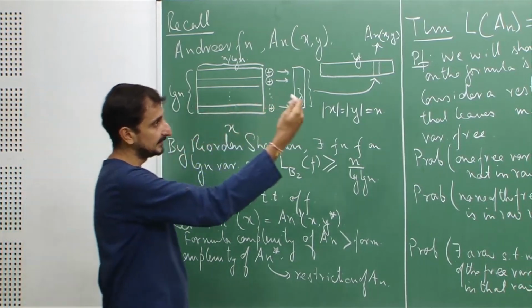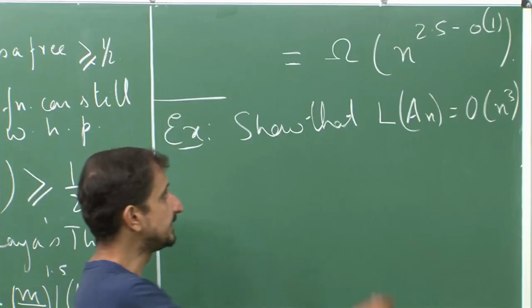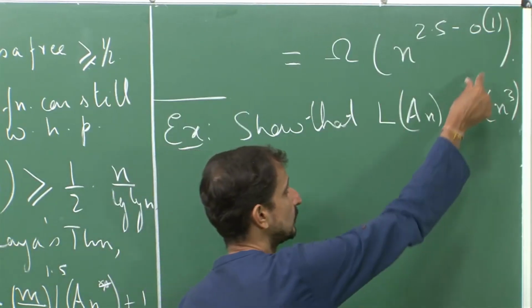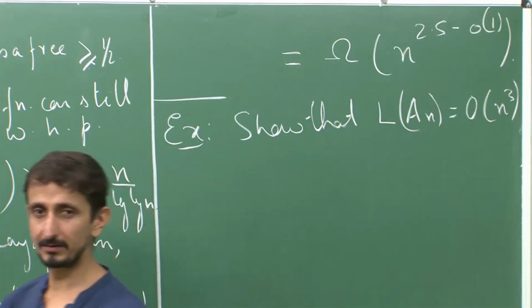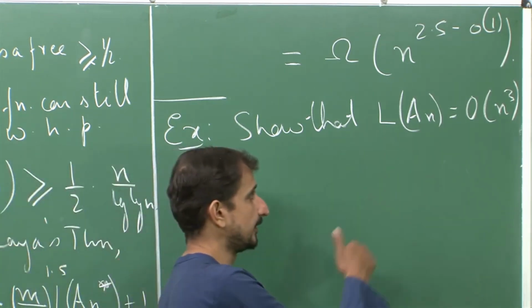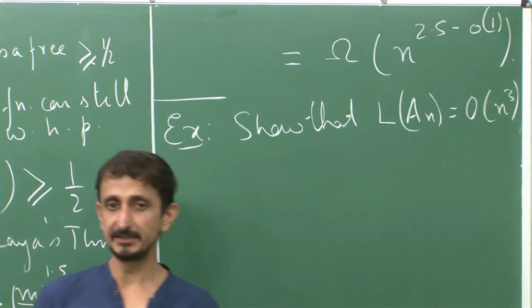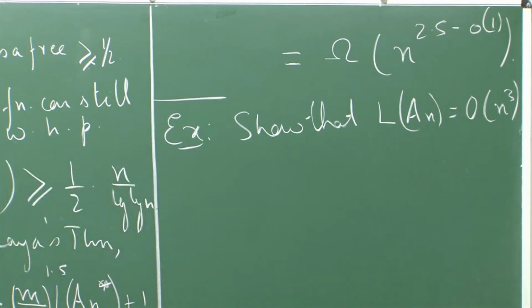So, basically this n to the power 2.5 is in some sense a tight lower bound, modulo of course this small o of 1 factor. It can be shown that there is an upper bound of n to the power 2.5 as well, but n cube is quite easy to construct. So, you can try that.